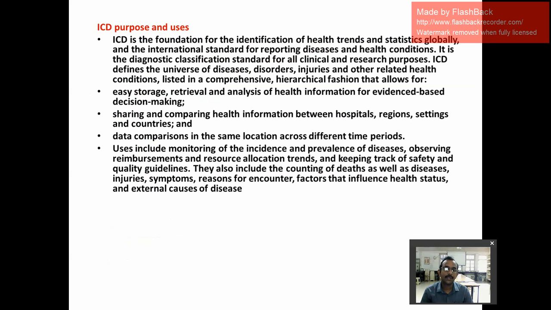What is the purpose and the use? ICD is a foundation for identification of health trends and statistics globally, and the international standard for reporting diseases and health conditions. Take the example of COVID-19. It is a present trend in the medical world.